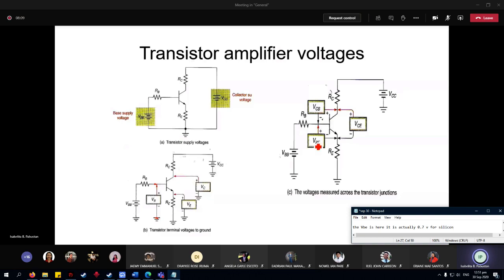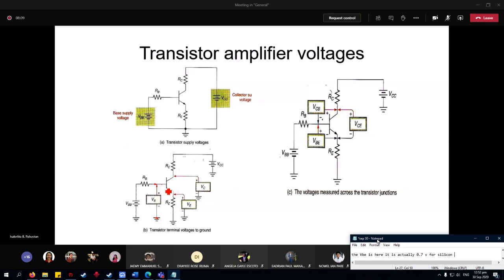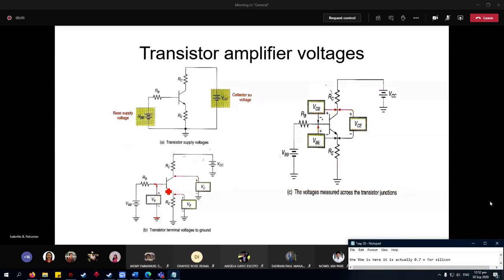Going back to the single subscript, when we say VB, the composition is the voltage across the base and the emitter, and then the voltage across the resistor of the emitter. For VE, it is from the emitter. It happens that there is only one resistor, RE, at the emitter, so it is just the voltage across the RE.